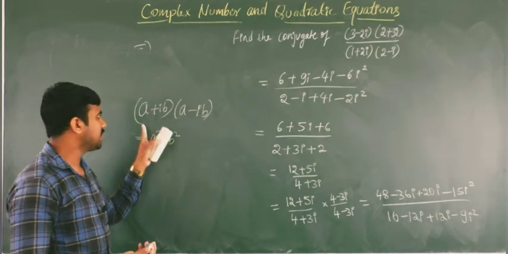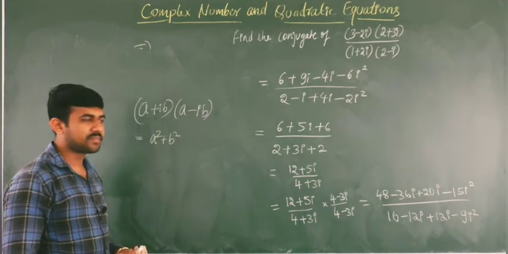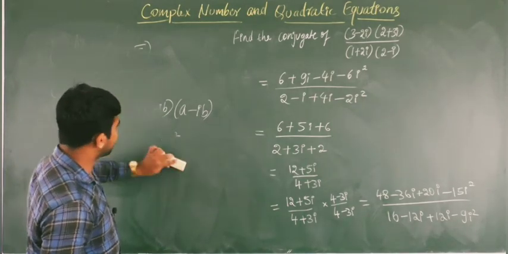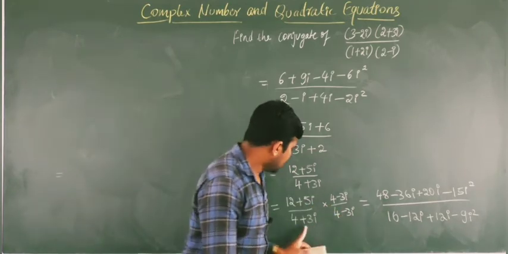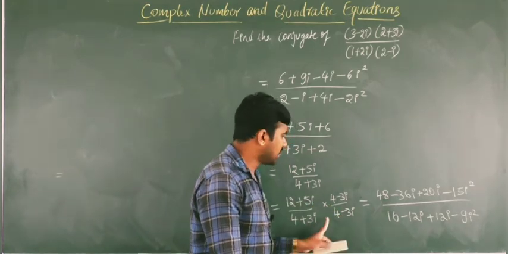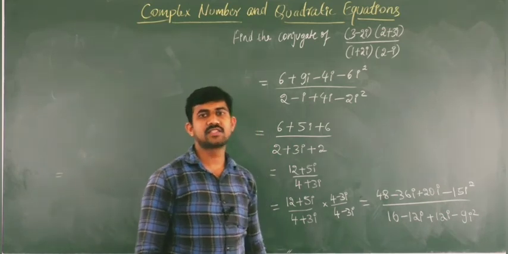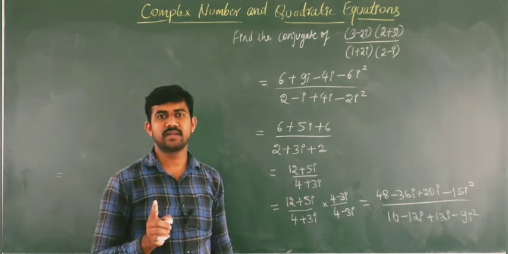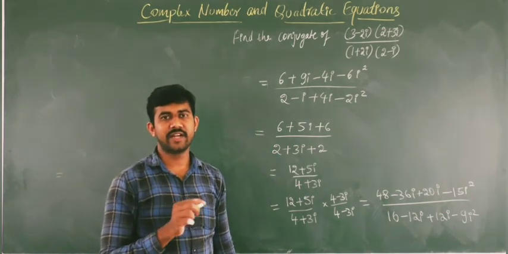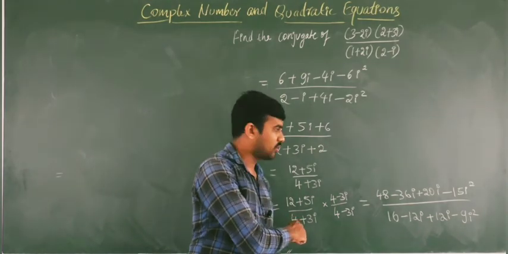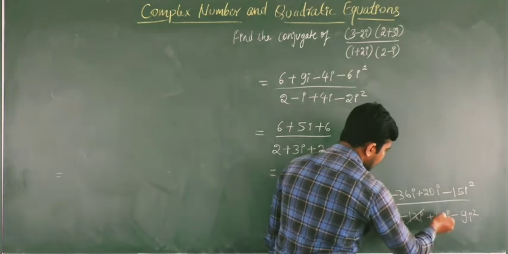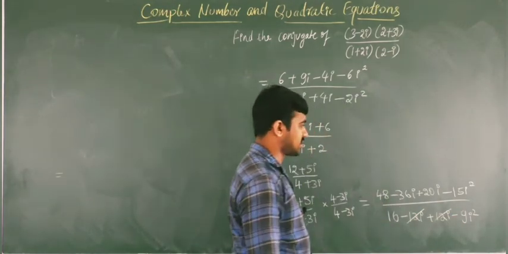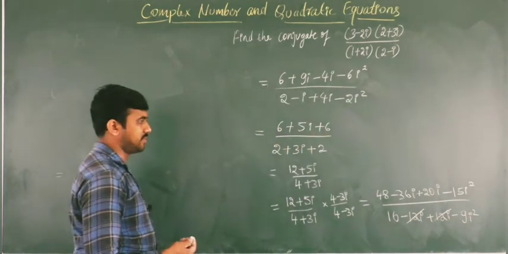This you can verify by multiplying each other. So the same procedure you can apply here. Denominator 4 plus 3i into 4 minus 3i can be written as 4 square plus 3 square, that means 16 plus 9, 25 is the denominator we will get. Or else you can write like this, and the terms minus 12i and plus 12i cancel. Then we can simplify.